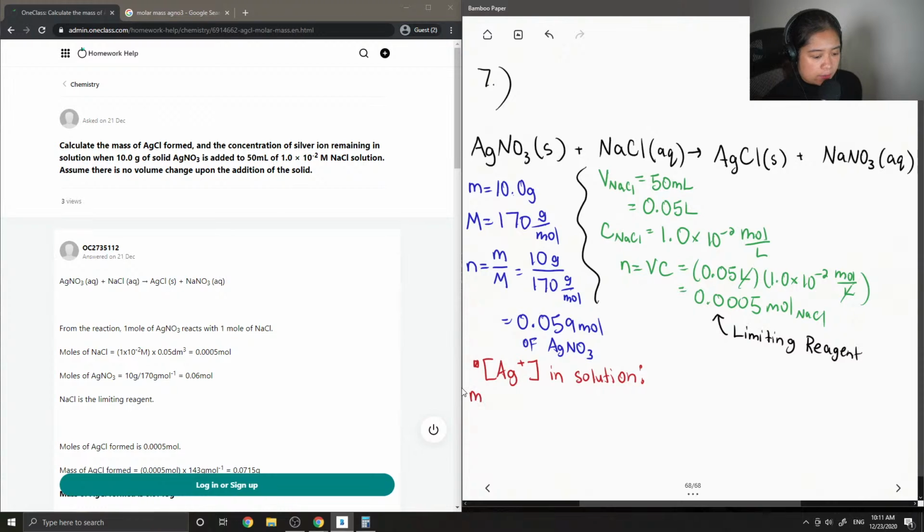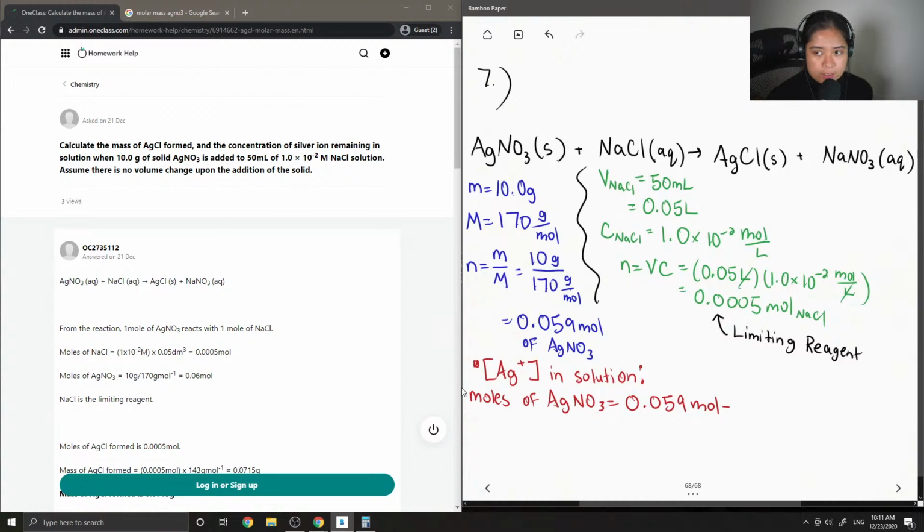So first, let's write down the moles of silver nitrate. So we started off with 0.059 moles. And since this is in excess, we'll have some of it left over.